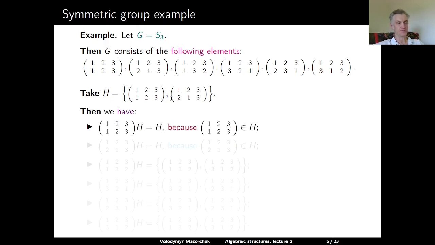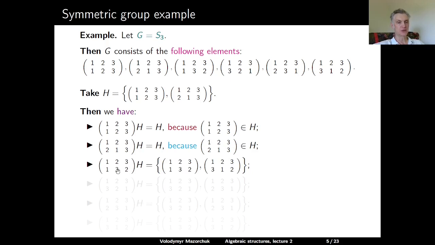Then the left coset of H with respect to the identity is H itself, because H contains the identity. And similarly, the left coset of H with respect to the transposition 1, 2 is H itself, because H contains this transposition. Now, if we take the transposition 3, 2 and multiply with H on the left, we will get this element and then the cyclic permutation 3, 1, 2.